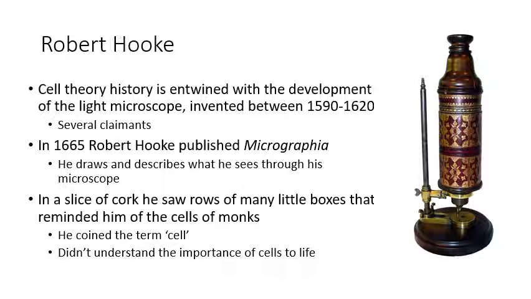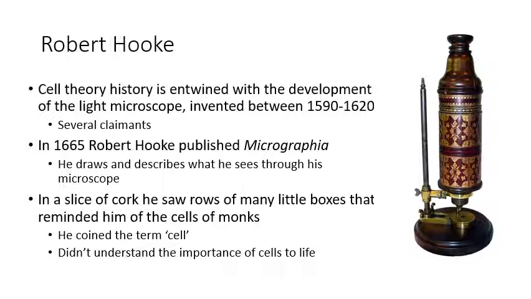So one of the things that he looked at was a slice of cork, and in there he saw a bunch of little boxes. And they made him think about cells that monks would go in to meditate and pray, and so he called them cells. He didn't understand what cells were, what their function was, how important they were. He just knew they were little boxes, and they reminded him of a monk's cell, and he called them cells.